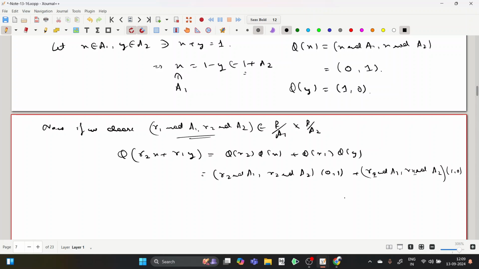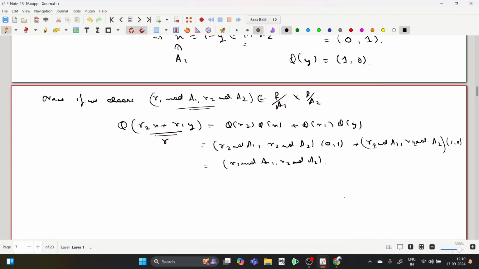But then by coordinate-wise addition and coordinate-wise multiplication, you will get the element (r1 mod a1, r2 mod a2). And clearly r2x plus r1y is an element of capital R, right? Therefore, we have eventually reached a pre-image of an arbitrary element from the codomain. Therefore, phi is surjective.